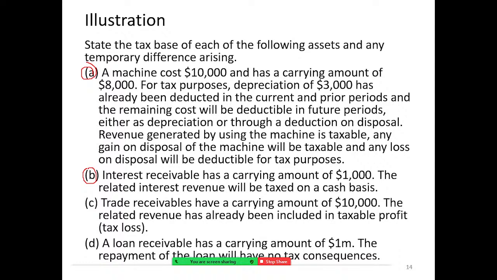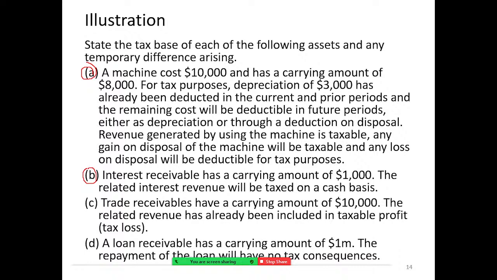Then what's the tax base? The accountant has already recorded 1,000 as revenue, but the tax authorities don't care about it. So there is no interest receivable for tax. It's nil.